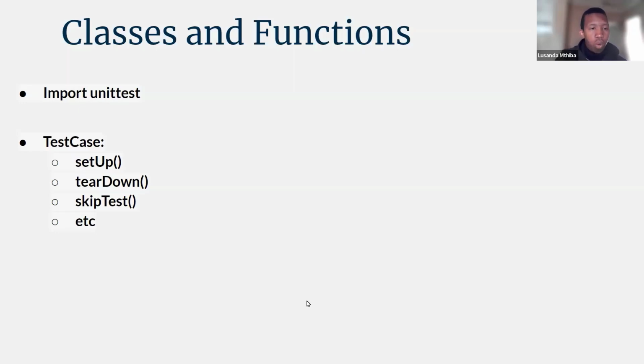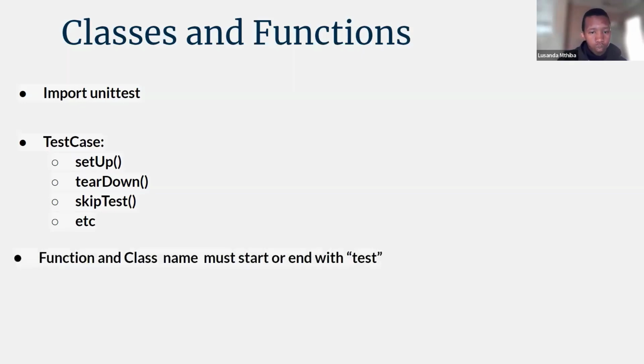Skip is when you want to skip a certain test. You must make sure that your class or your function starts with test or ends with test for a unit test, so that it is able to pick up the functions or the classes.